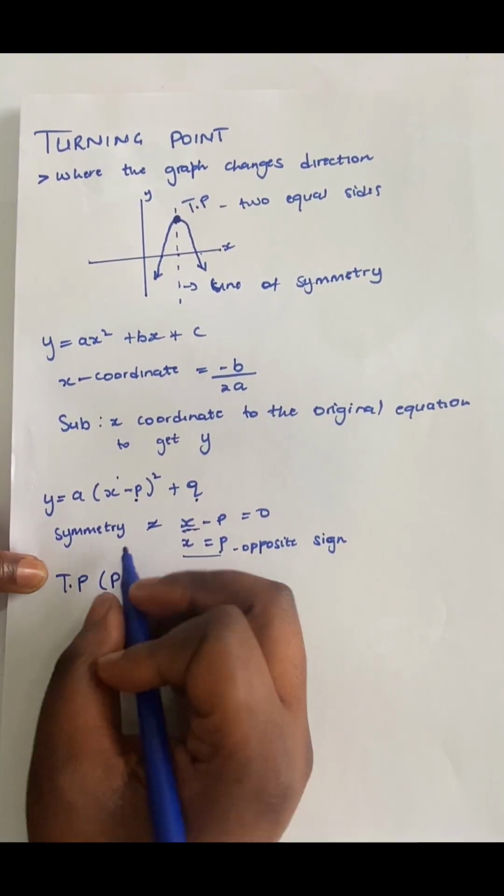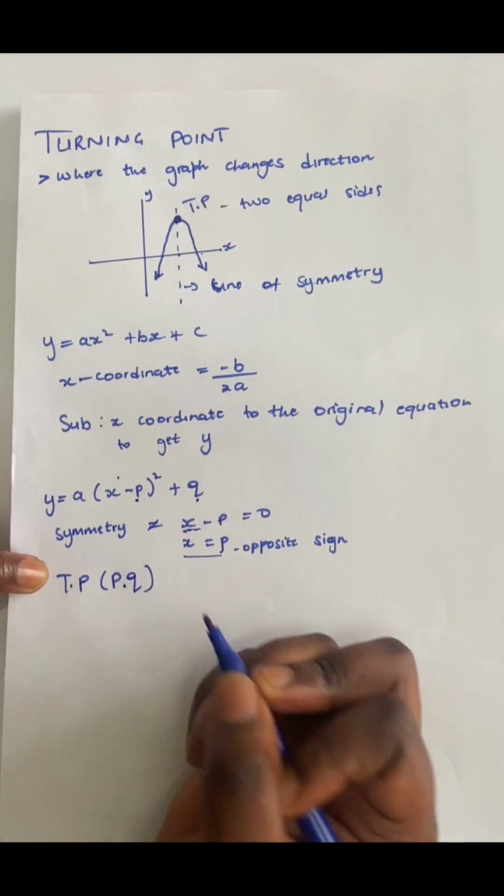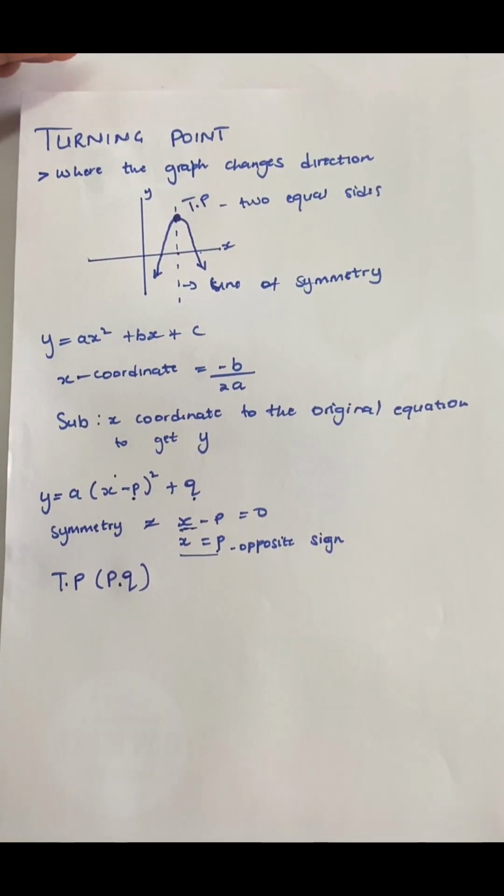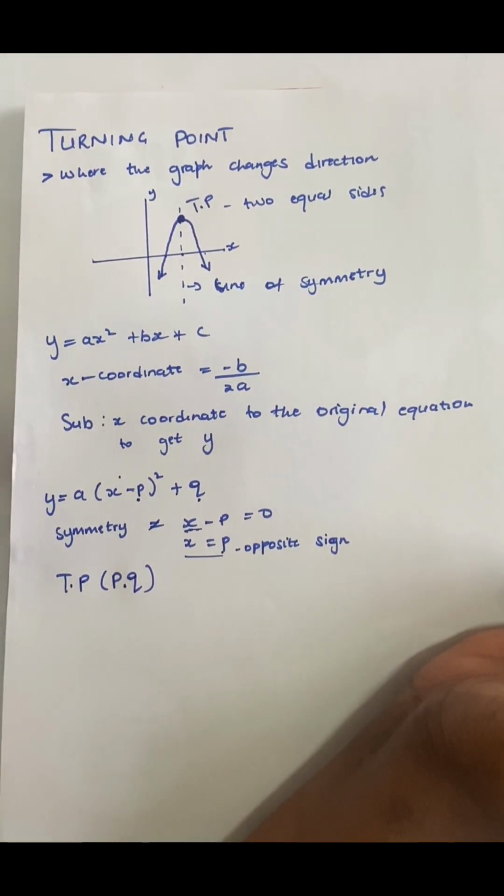And then your q. Remember, you always change the sign when you're given the standard form, and then they say give the coordinates of the turning point. You already know that p will be your x coordinate of your turning point and q will be the y coordinate of the turning point, but p will have to change the sign every time.